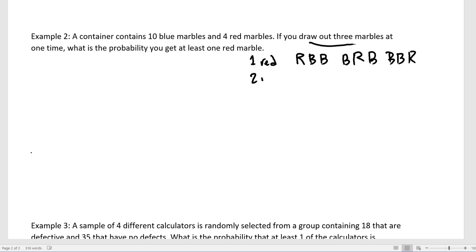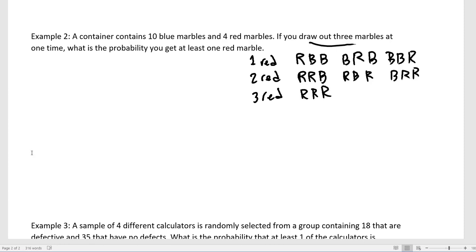We could have 2 reds, which would be red, red, blue, or red, blue, red, or blue, red, red. Or we could have 3 reds.